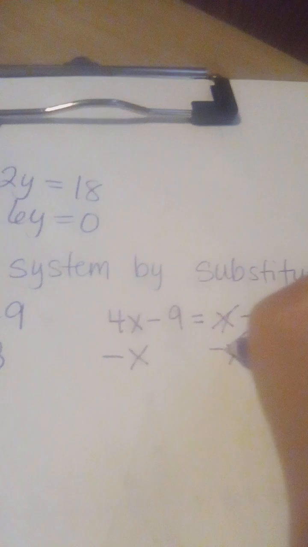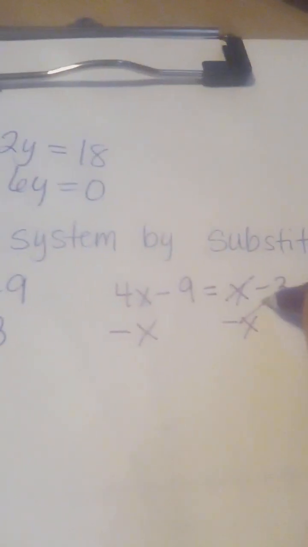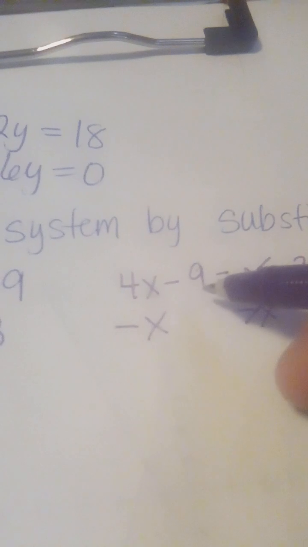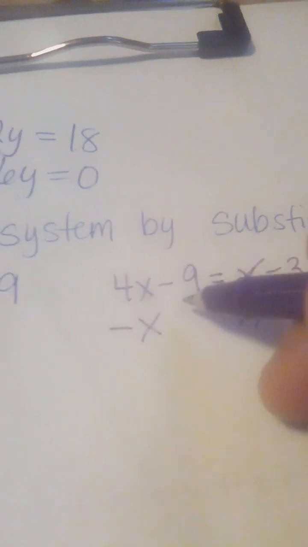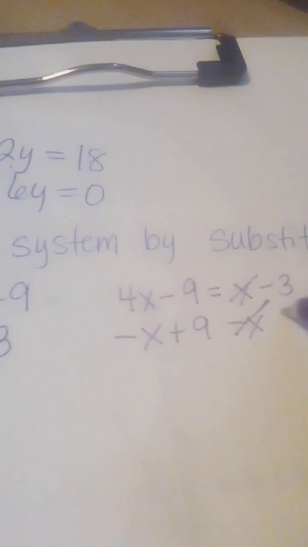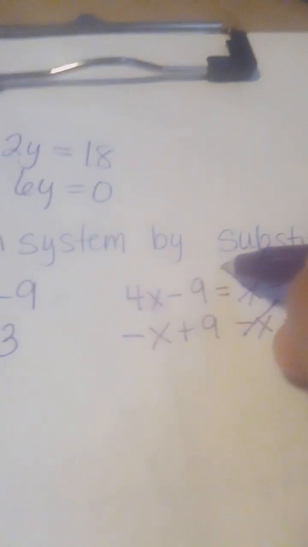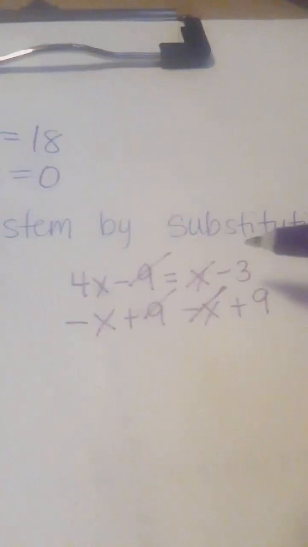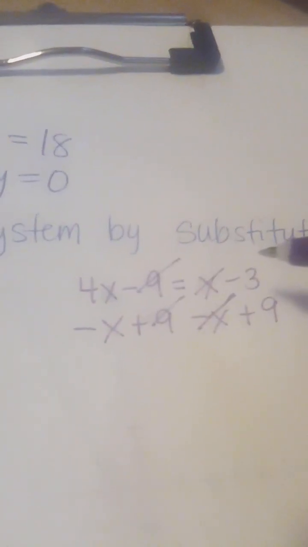This will be eliminated. And to do the other side, this is a little bit bigger, so I'm going to add 9 to both sides. Cancel out the 9s right here. Let's bring down. So far, so good, right?